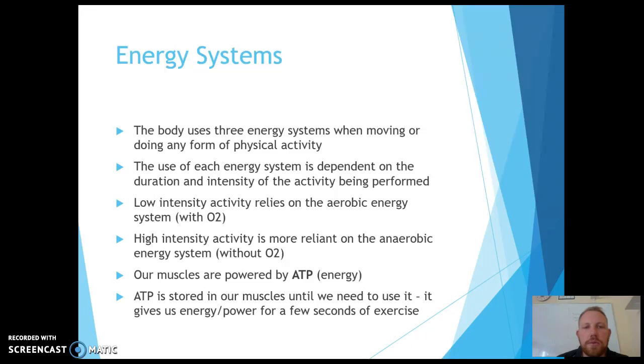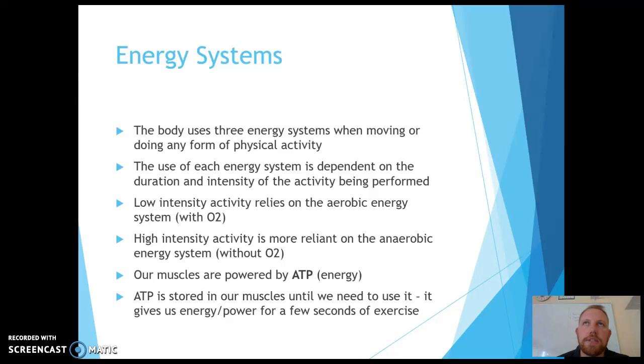Just remember that we also looked at short and long-term responses to exercise. Generally, short-term responses to exercise were that, if we weren't as fit or we'd just started exercise, our heart rate would increase, meaning that our blood pressure would increase because we've got to pump more oxygenated blood around the body. Our stroke volume would increase because we've got to pump larger volumes of blood around the body.